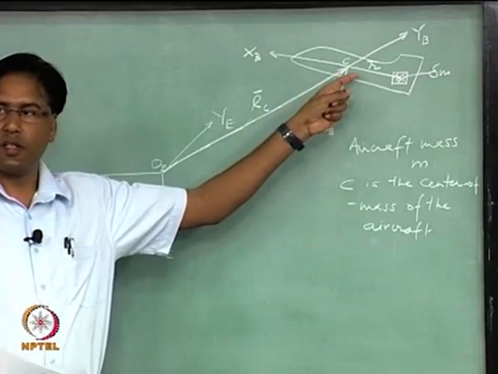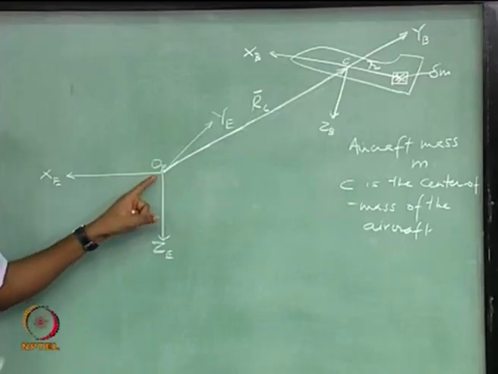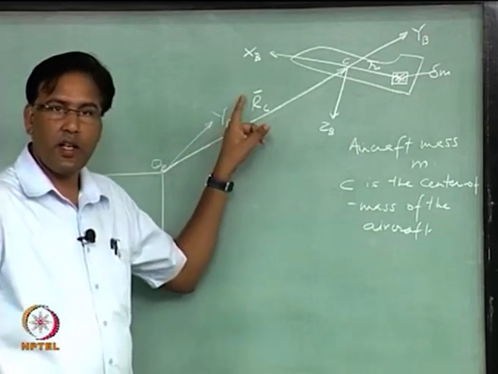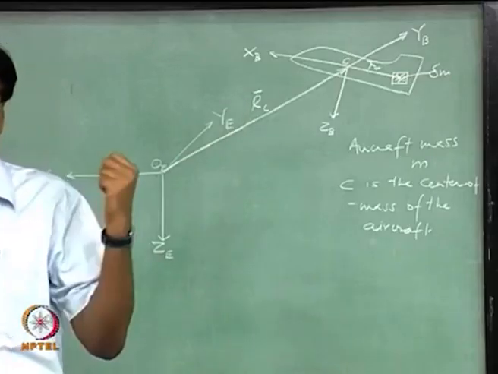The distance between the center of mass of aircraft and the origin of the earth fixed axis system is R_C, okay, and this bar indicates it is a vector, right.